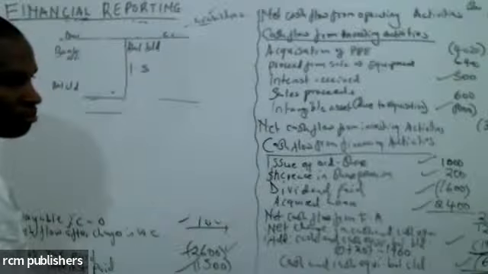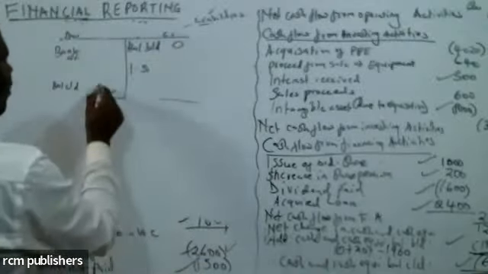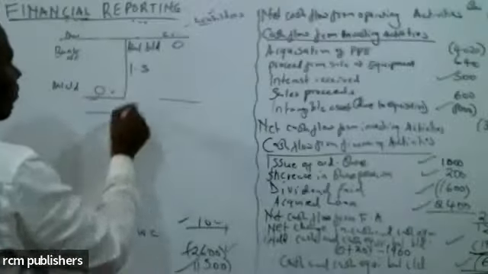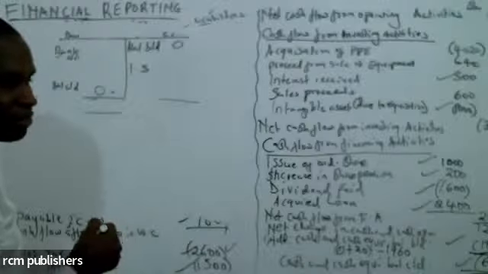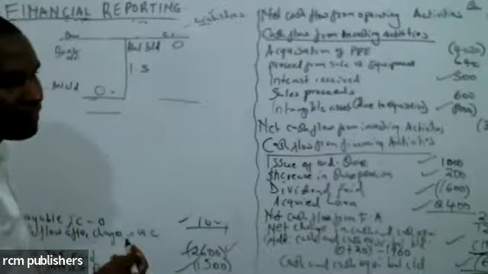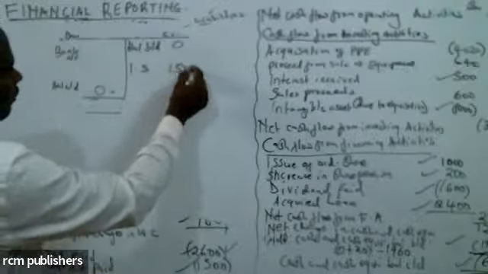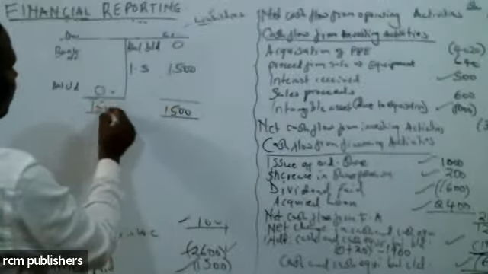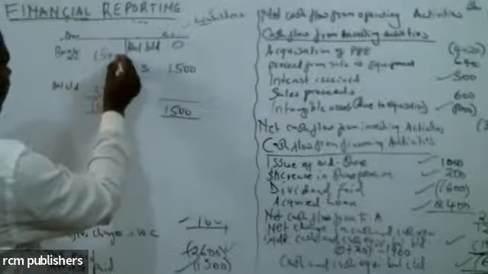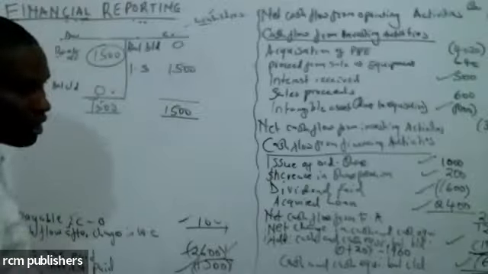Looking at current, we don't have, so it's zero. Balance brought down or carried down we don't have, but in the income statement they claim they paid interest of how much? Interest paid or finance cost in the income statement is 1500, and you balance the account for 1500, and that's why we remained with the 1500. This is the 1500 that we put here. I hope now that is clear.